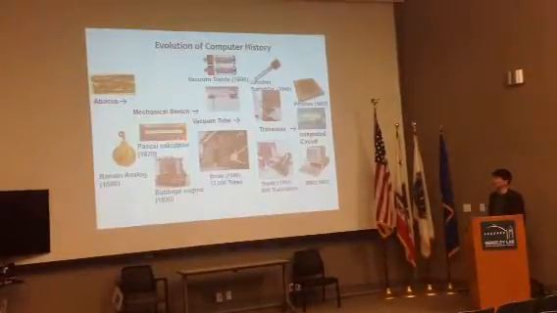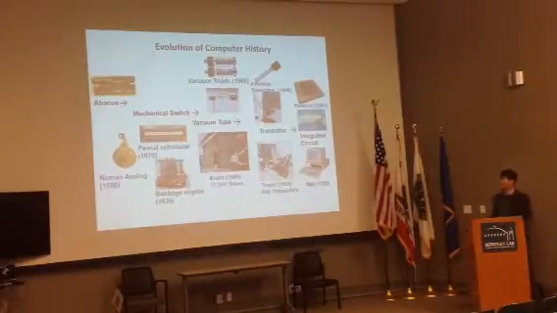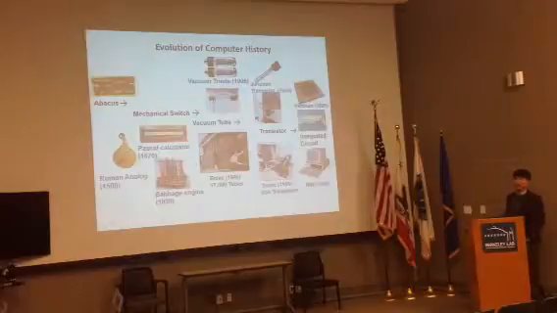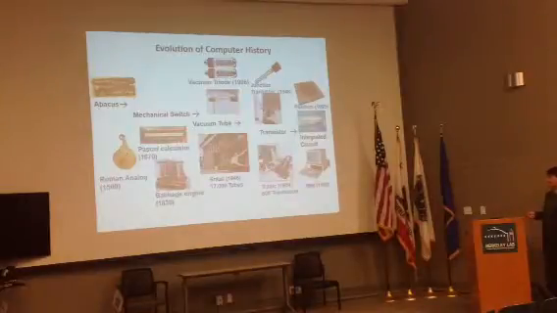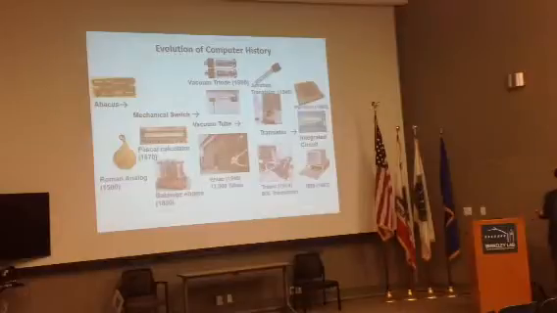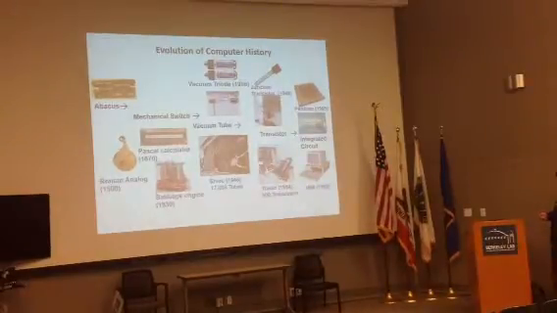This slide shows the evolution of computer history. Back in the 15th century we used mechanical notation to compute mathematics, and as time went by, there came the era of using the vacuum tube as the calculating element for the computer, which was implemented in the very first computer, called ENIAC, in 1946.